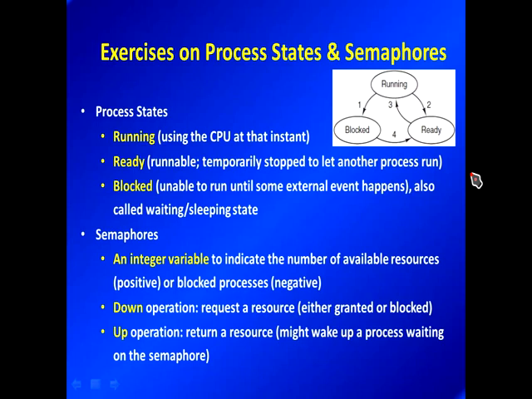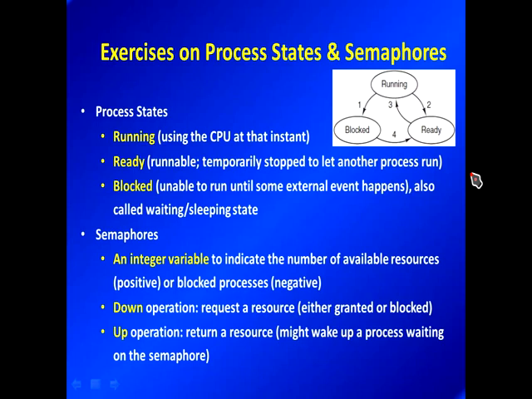Then you can try the two basic operations on semaphores. We use the down operation to request a resource. And after you do the down operation on a certain semaphore, there are only two cases. Either the request is granted, which means you get the demanded resource immediately.